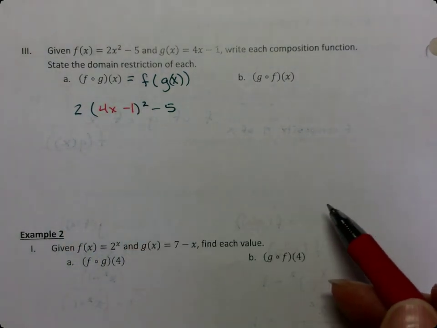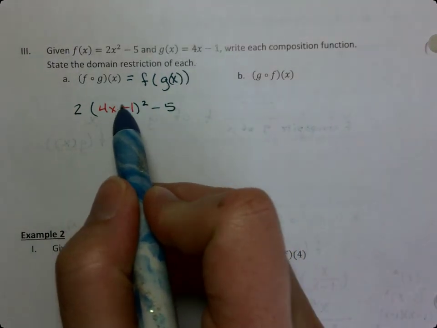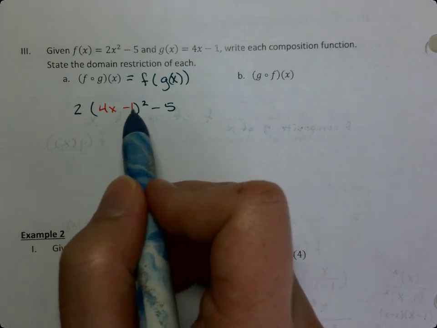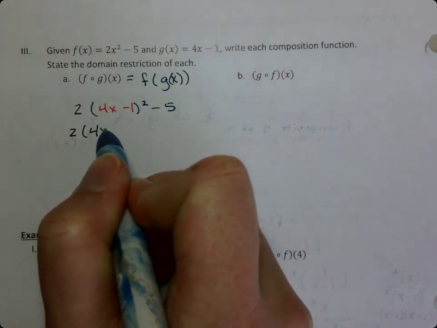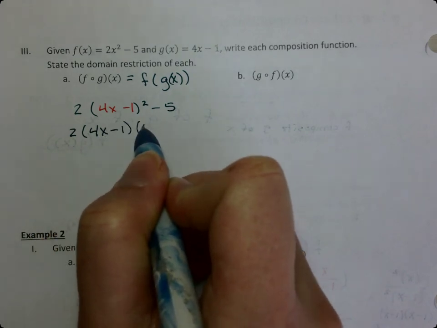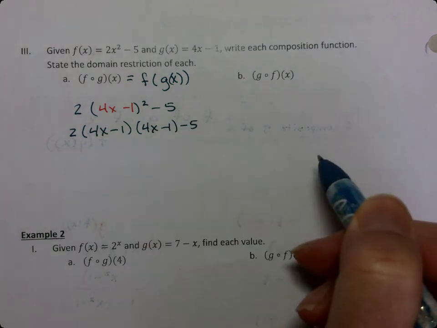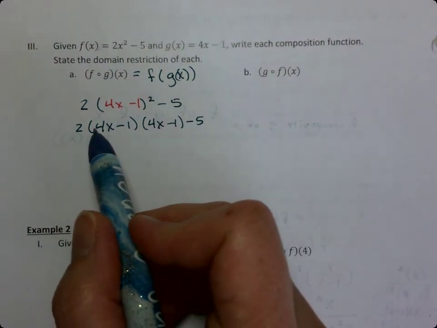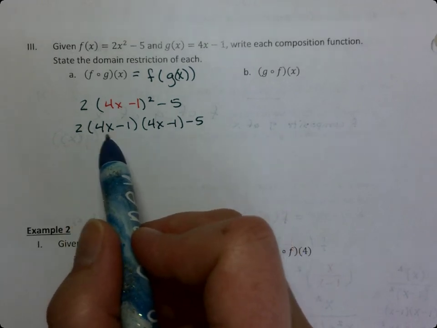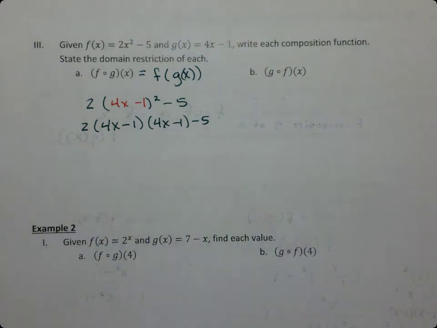Now that I've done that, did you do the math right? You cannot square over addition and subtraction. So you should have this written out as 2 times the quantity 4x minus 1 and the quantity 4x minus 1, then minus 5. Now, it's your decision here. You can distribute the 2 first and then FOIL, or you can FOIL and then distribute the 2.